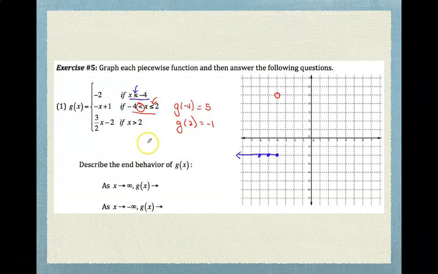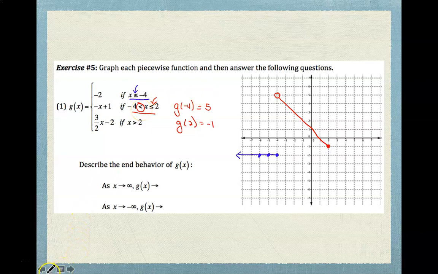I am allowed to equal 2 at this point in the domain, so I'm going to say at 2, g of 2 is 3, and that is a closed circle. And this is a line here, so in between this point and this point, I'm going to connect these 2 points. All right, and that is the second piece of this piecewise function.